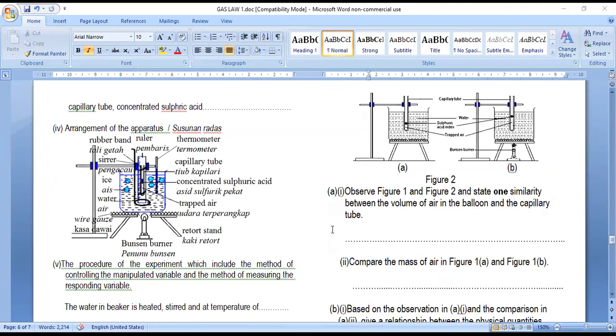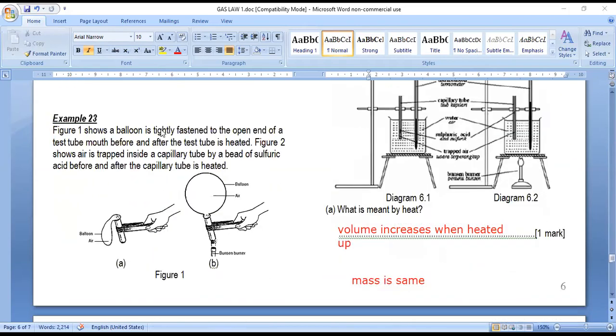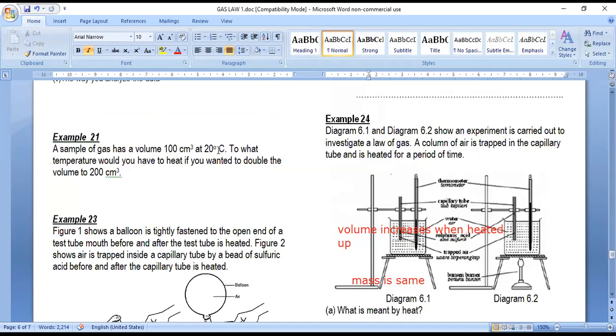I can say the volume increases when heated up. Compare the mass of air. Because it's airtight, the mass is the same. That means the mass inside there will be the same because it's airtight.